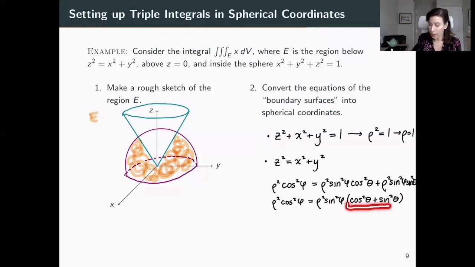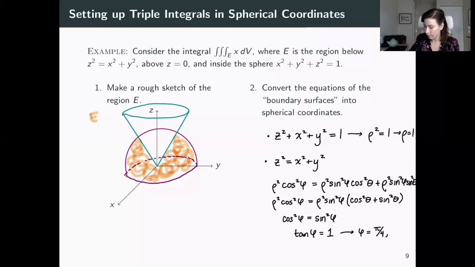Here we know that cos squared theta plus sine squared theta is going to be equal to 1. So we're just left with cos squared phi equal to sine squared phi, which means that tan of phi has to be equal to 1. This is only going to happen when our angle phi is equal to pi over 4, or it could be when we have 3 pi over 4.